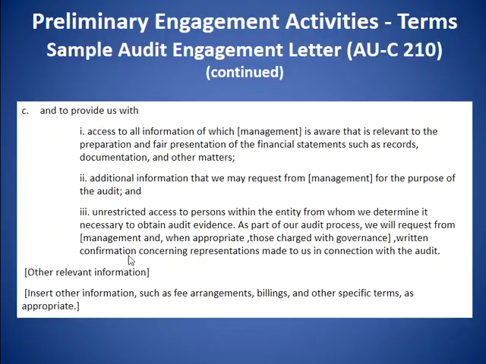And then the information that we must be provided with, any other relevant information, and then, as they say here, insert other information such as fee arrangements, billings, and other specific items as appropriate. So that is the example engagement letter.